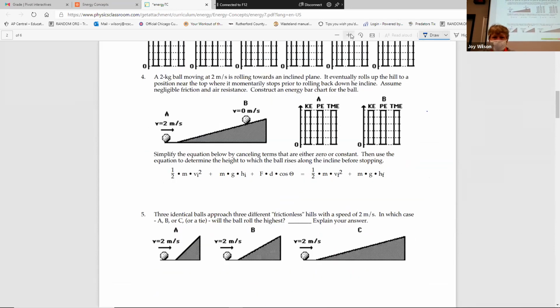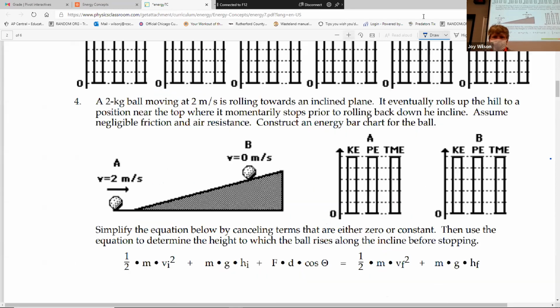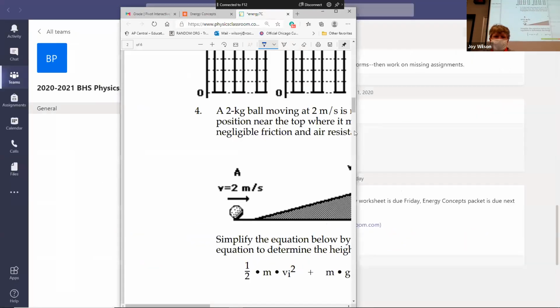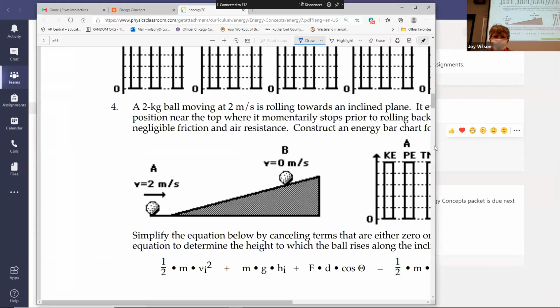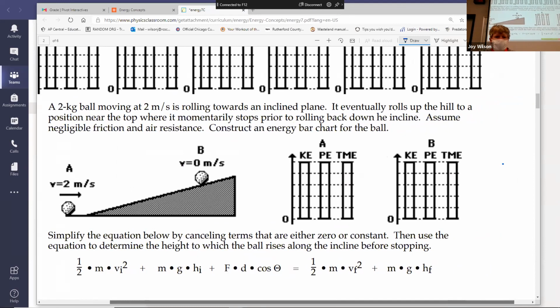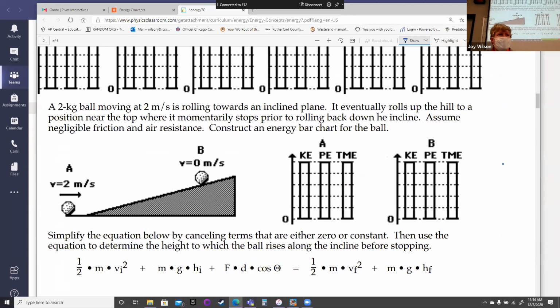And I'm going to zoom this up a little bit. But hopefully that's showing on the screen. Okay, yeah, that's basically showing on the screen.